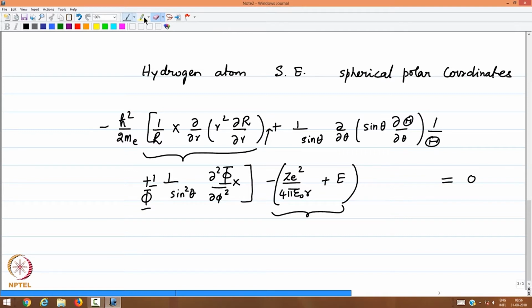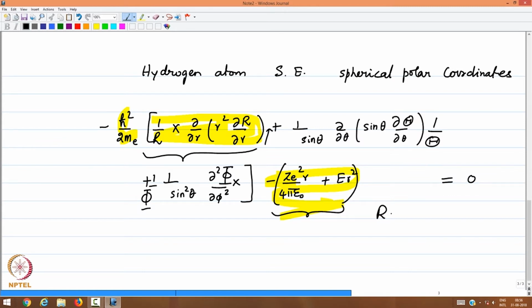But then you have to multiply the rest by r square. So, you have an r square here, and you have an r here, the d square R. So, now you can identify the radial equation as I recalled, the terms containing these multiplied by this constant and the terms containing these as the radial equation.